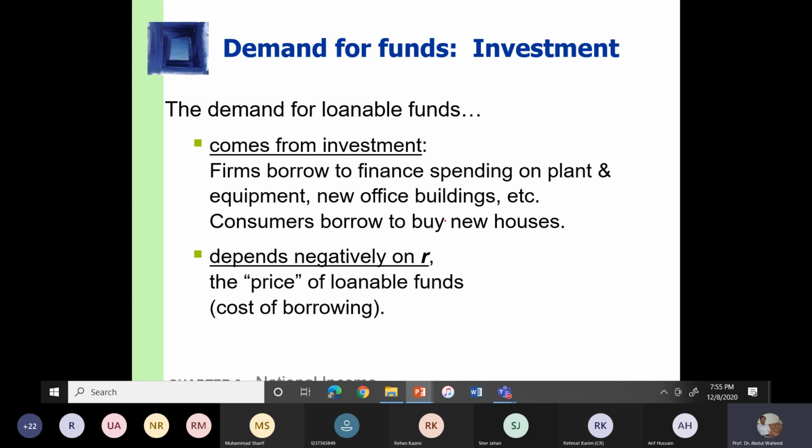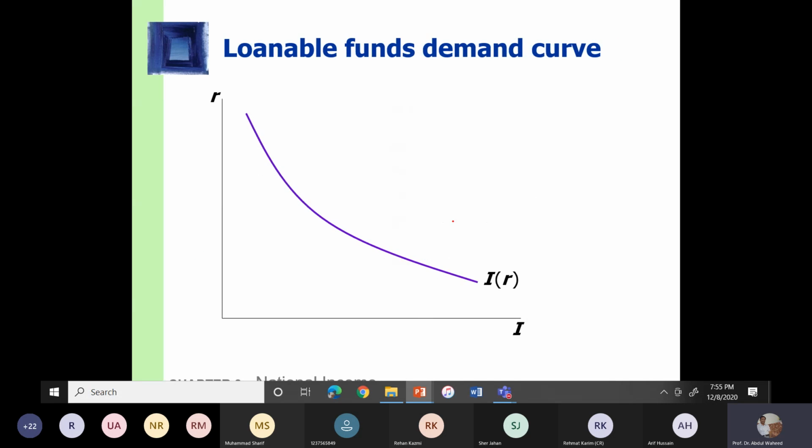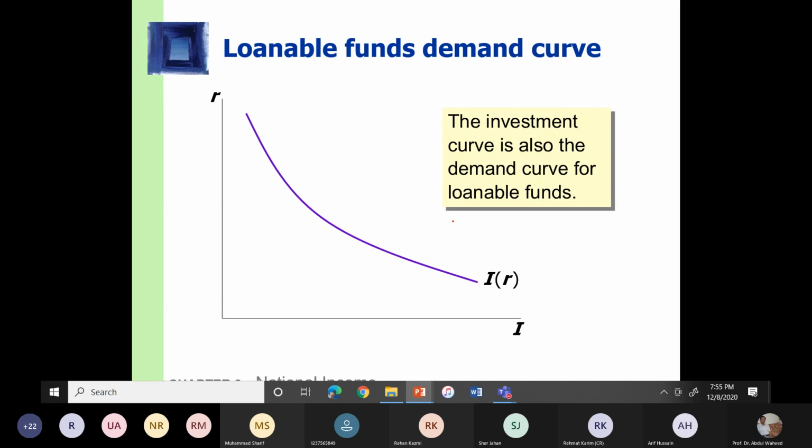So it means when real interest rate increases, demand for loanable fund will decrease. This means investment will decrease. Okay. So investment curve is also the loanable funds demand curve. Okay. Investment curve is also the demand curve for loanable fund.